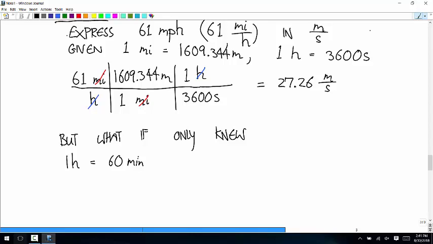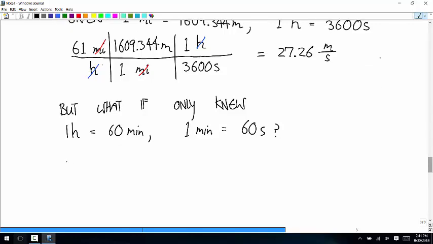This is what you're talking about, right? And 1 minute is 60 seconds. Well, you could just do it. It would just add one more step to this process. You'd have 61 miles per hour.